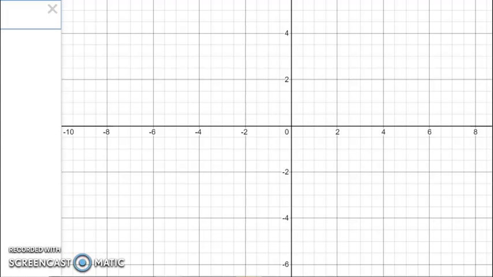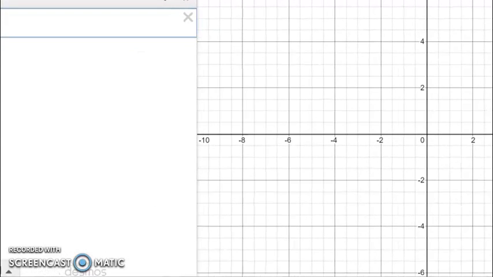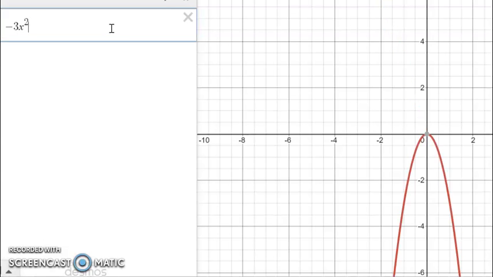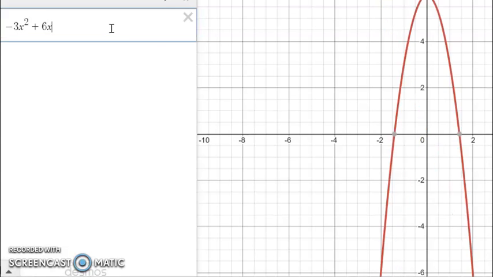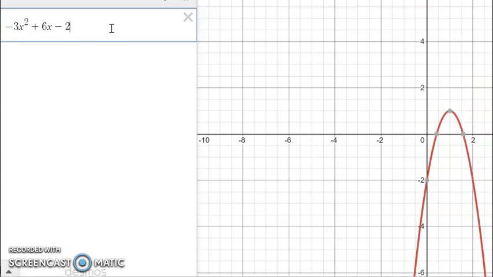And now that my graph didn't show up where I needed it to, I'm going to put the graph over here so you can see it. So I'm just going to put the equation in: negative 3x squared plus 6x minus 2. Okay, so that's our graph. And notice this graph is upside down.